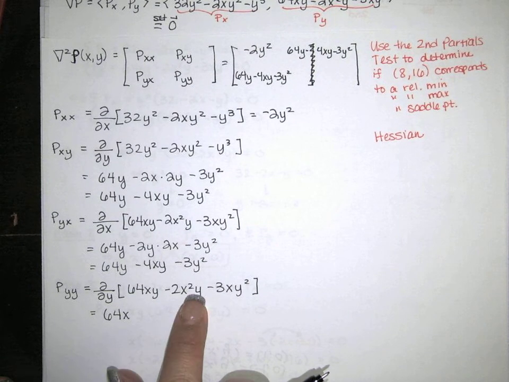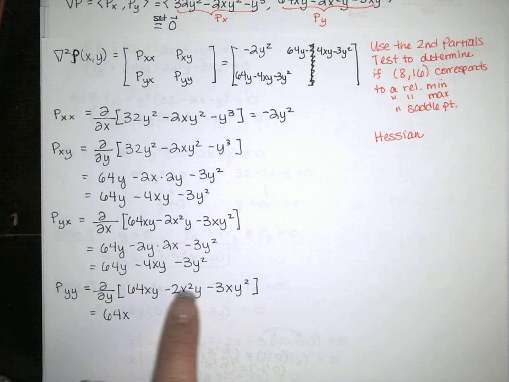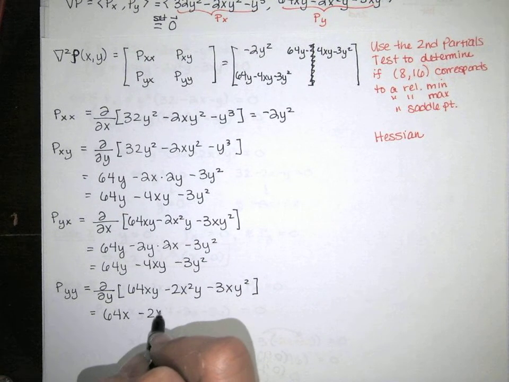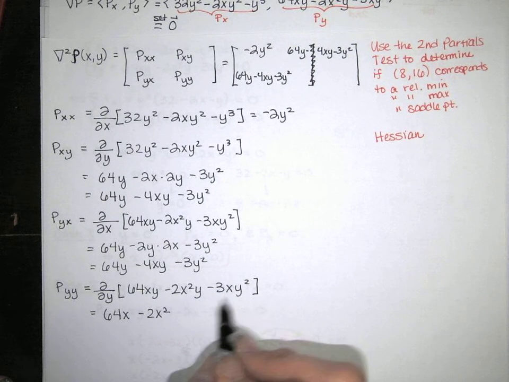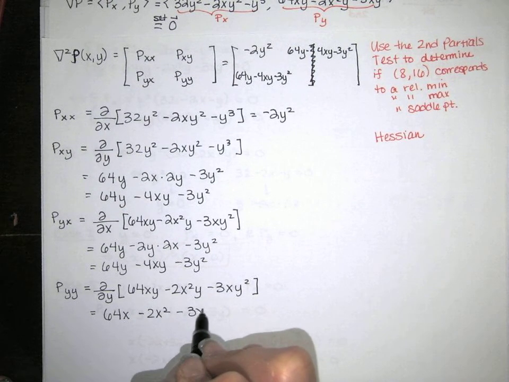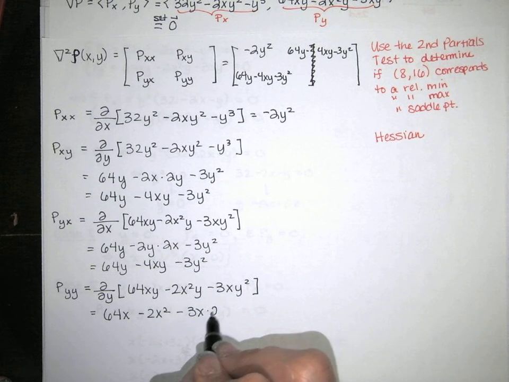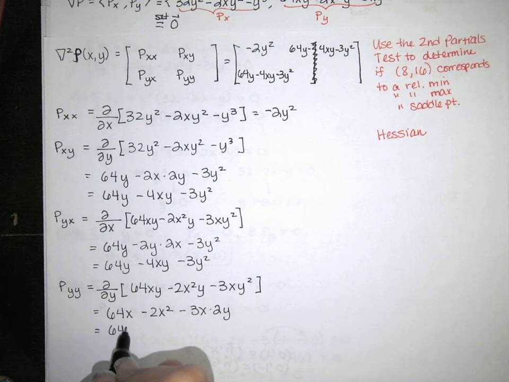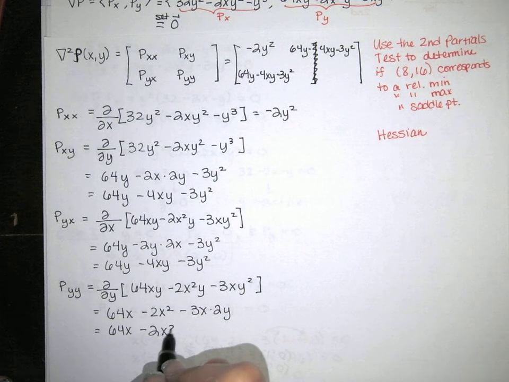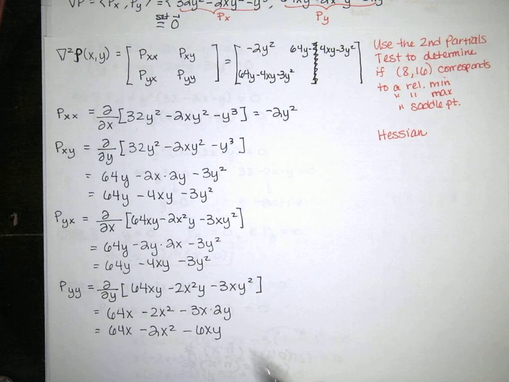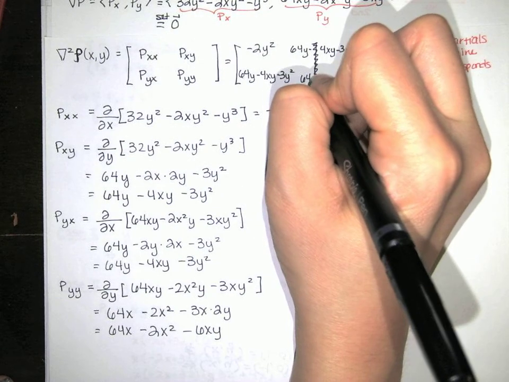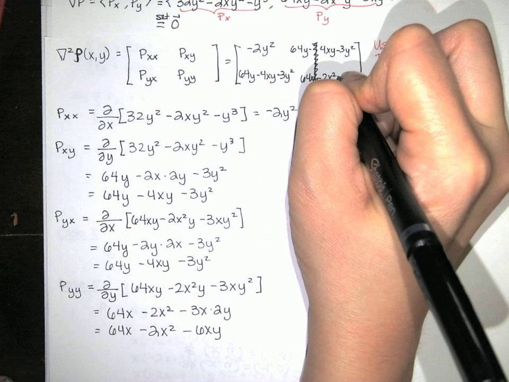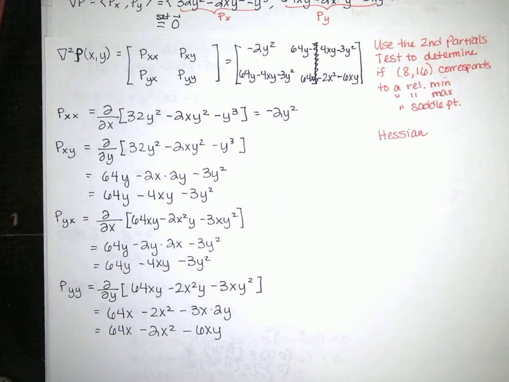And I've got another constant times y. The derivative of this constant times y is that constant. And that's a constant times a y squared. Bring the constant down, and then multiply by the derivative of y squared with respect to y. And so we get 64x minus 2x squared minus 6xy.